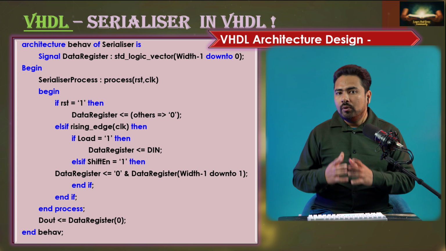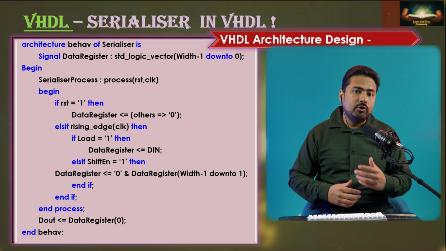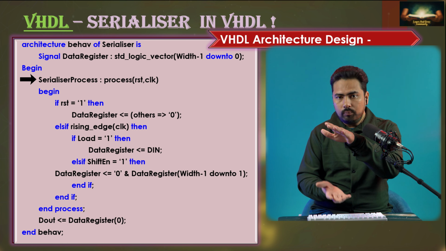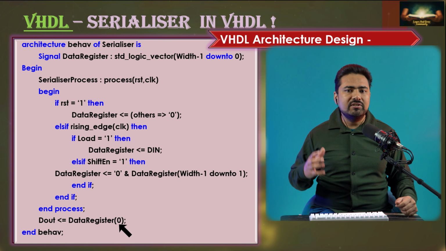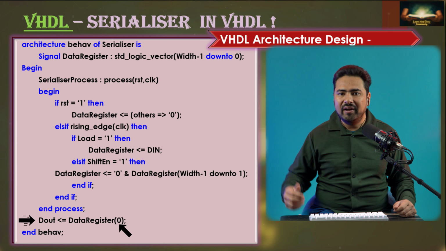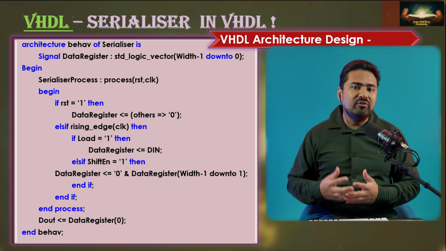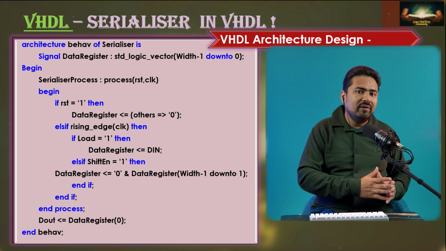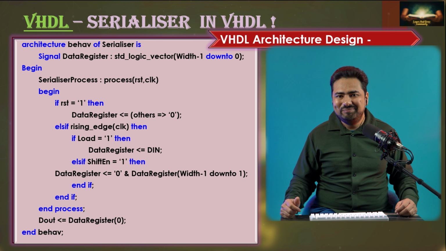If you do so, both of your statements will execute concurrently, I mean your whole process block and this output assignment. Now you might be confused that we hard-coded data register bit 0 to the output D out. Then how will it shift data and how will I get all the input bits one by one at the output, right?